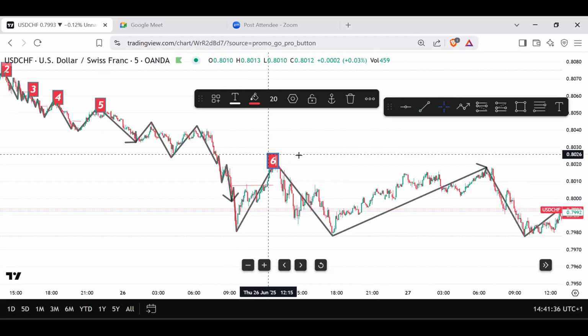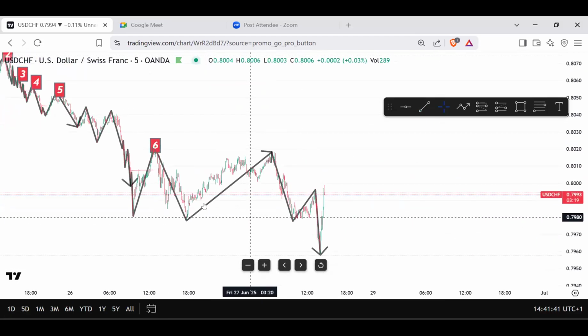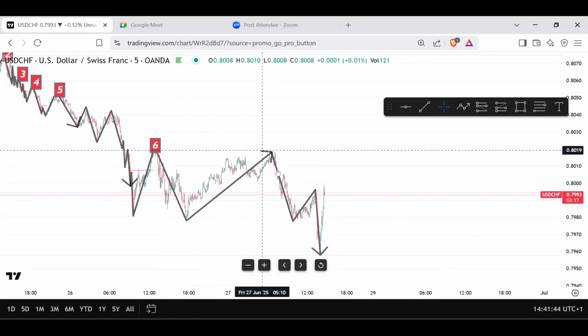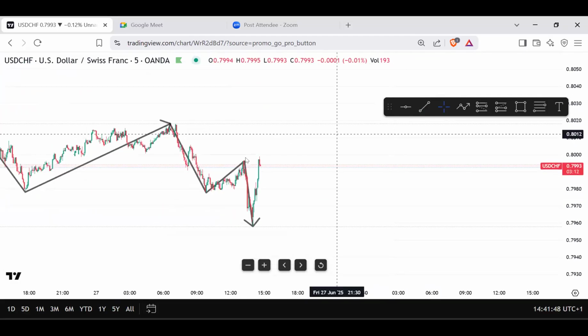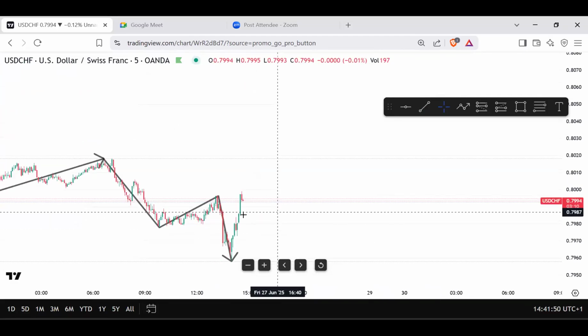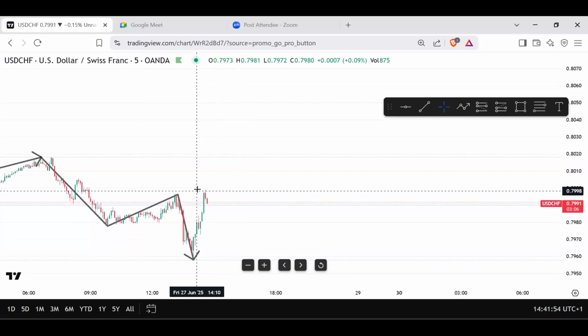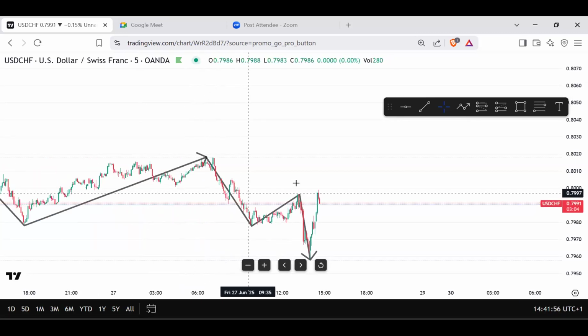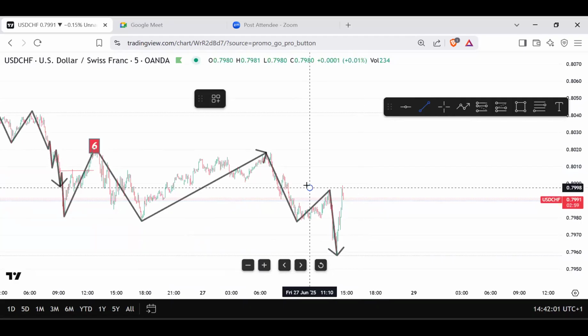Then you can see what the market has done: that is a correction, that's also a correction.